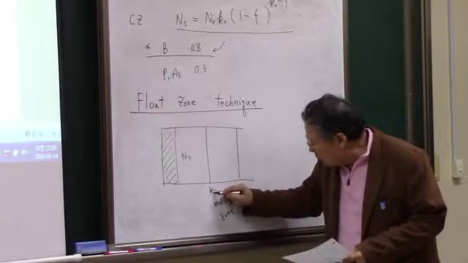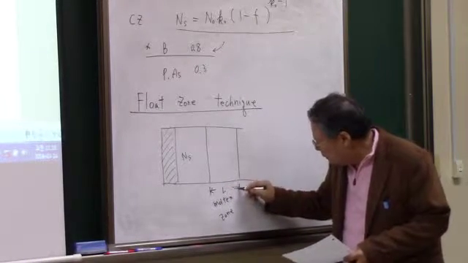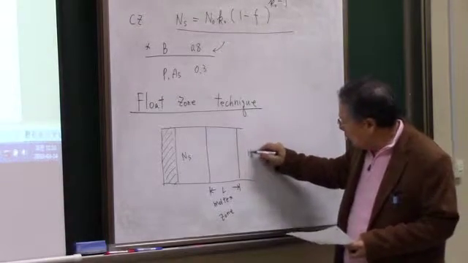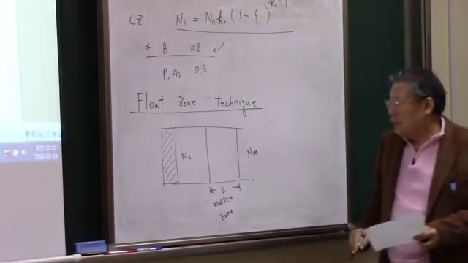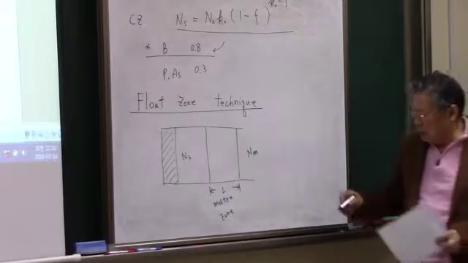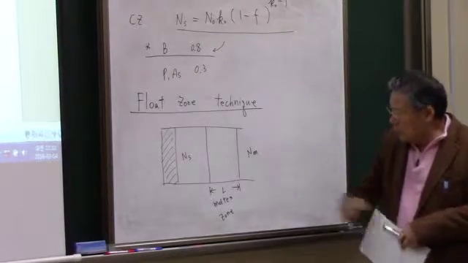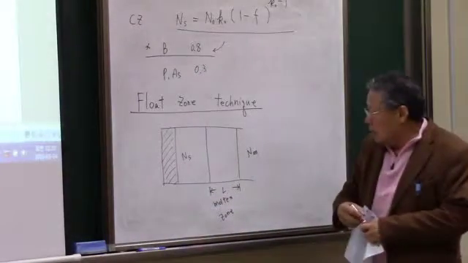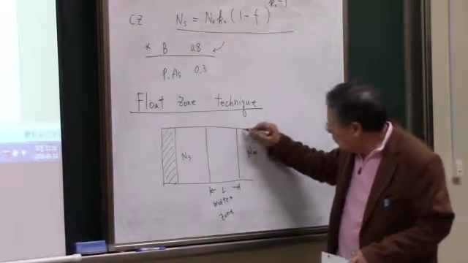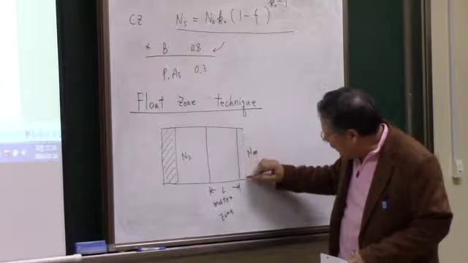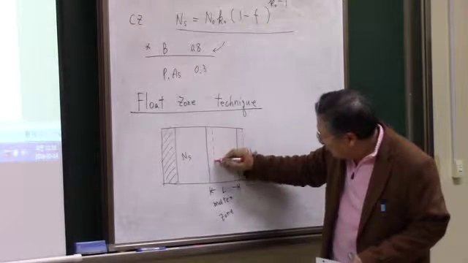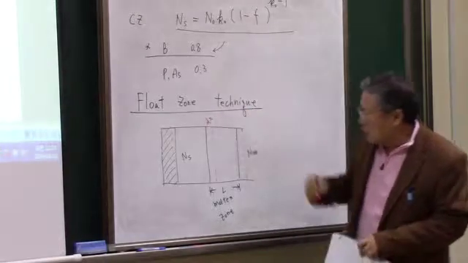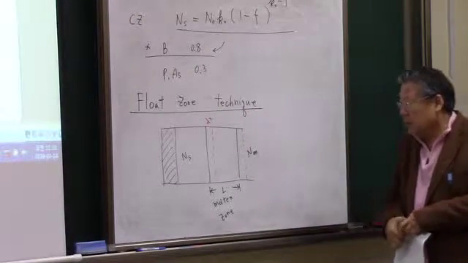The length is going to be L here, and here is a polycrystal. Again, it's a solid, and this molten zone is going to move in this direction. So let's suppose it has moved by dx.